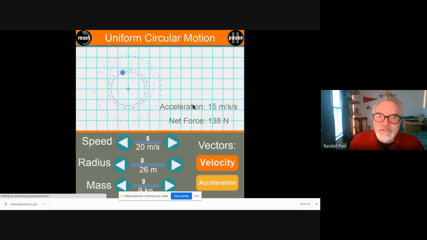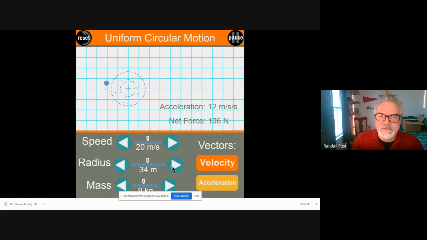Notice ones with acceleration and net force. We know net force is being pulled into the center, and for a larger mass, of course, we'll need more force to keep it in the circle. If I have a tighter circle, a smaller circle, I'm going to need more force to keep it in a smaller circle.